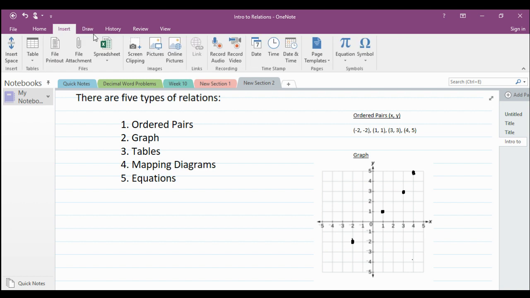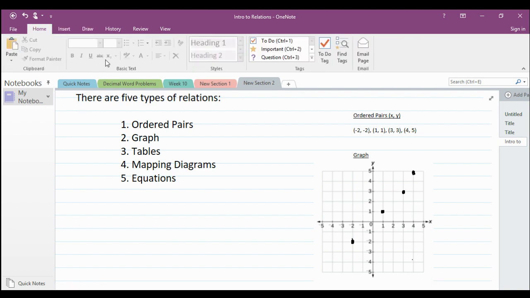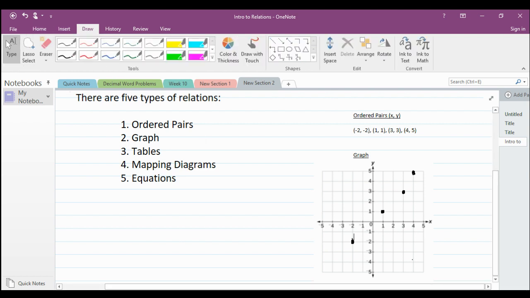The table is pretty straightforward too. It's just going to be with your x and y values. So for us, I'm going to make a table here. And we're going to make an x and y table of those values. And we're just going to use the values that we saw in our ordered pairs.